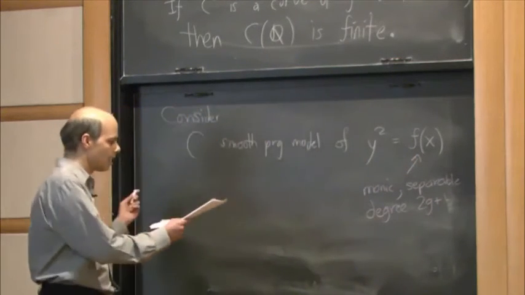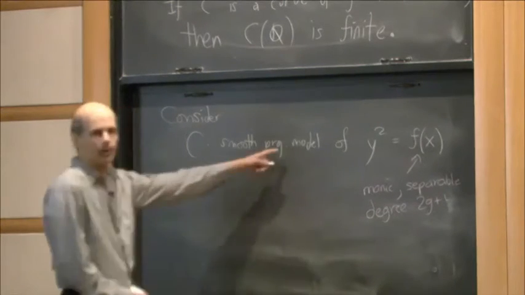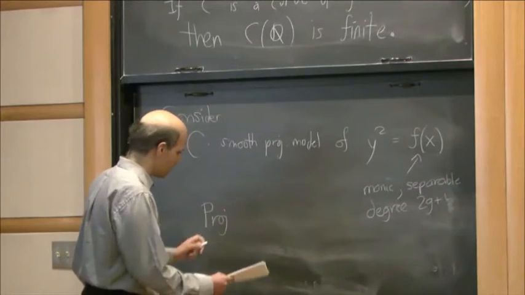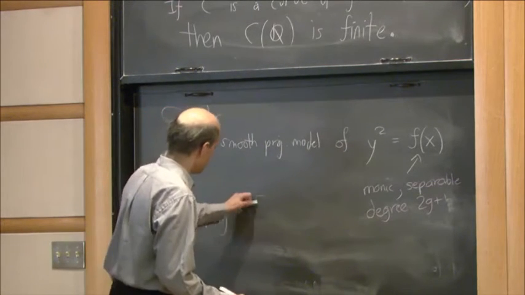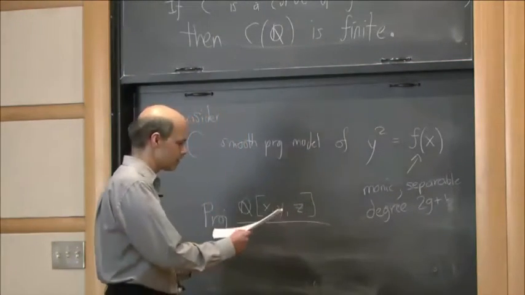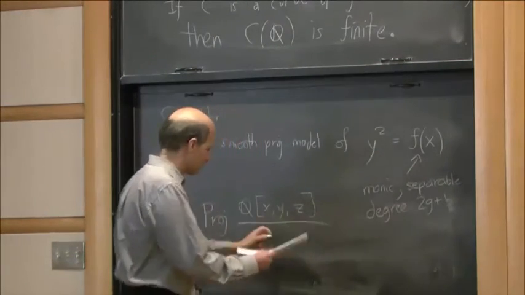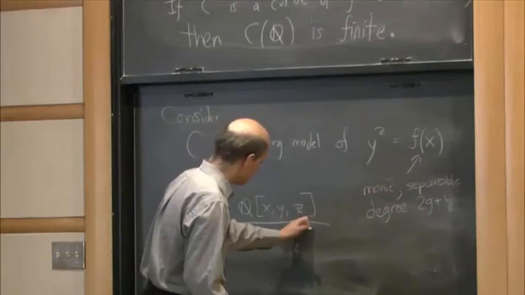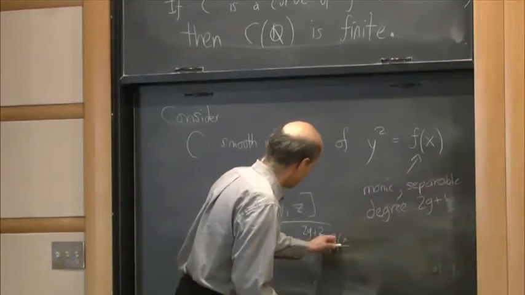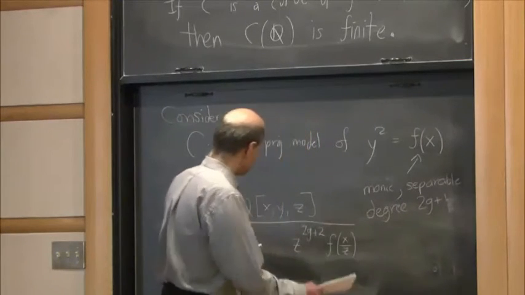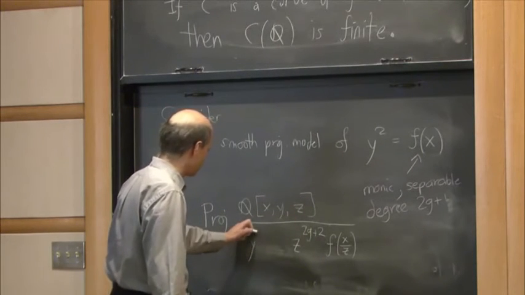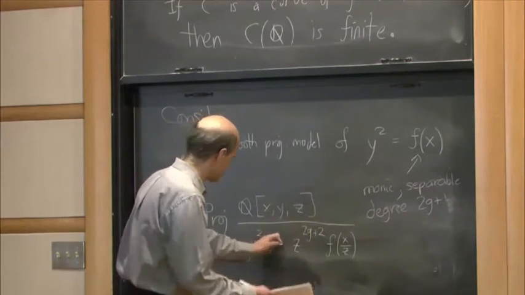Then you can write down this smooth projective model explicitly by taking, in a weighted projective space, the curve where you homogenize f to a degree 2g plus 2 polynomial, so that you can have y have weight g plus 1 and have an equation that makes sense.